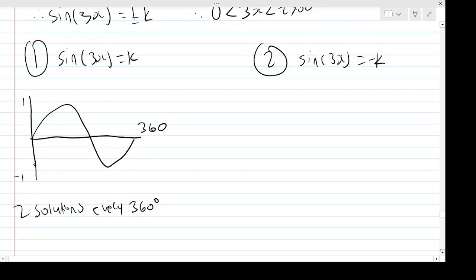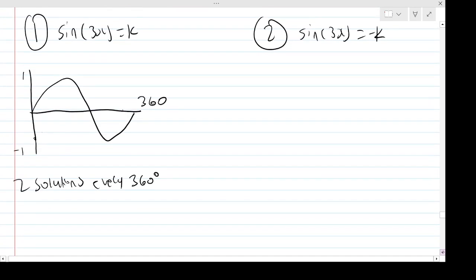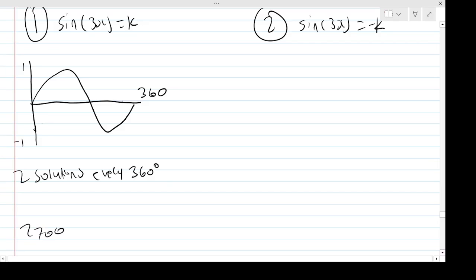So then we can sort of scale that, because now we have 2,700. Let's consider what 2,700 divided by 360 is. If we do that, we get 7.5, okay.